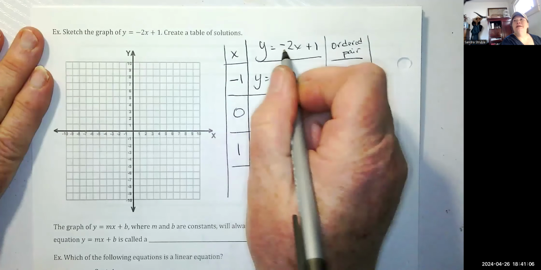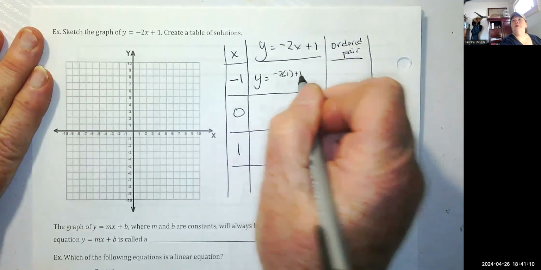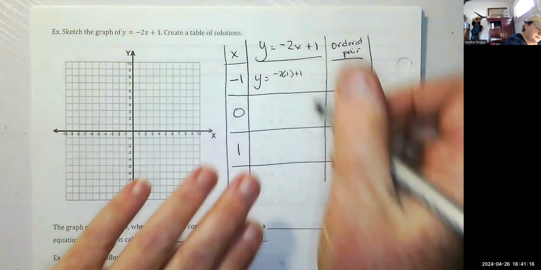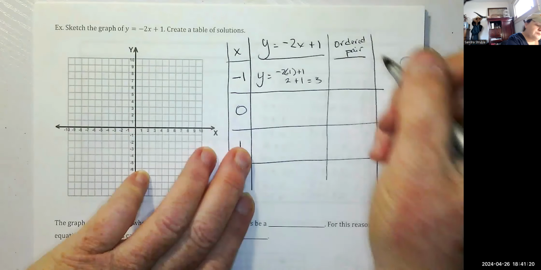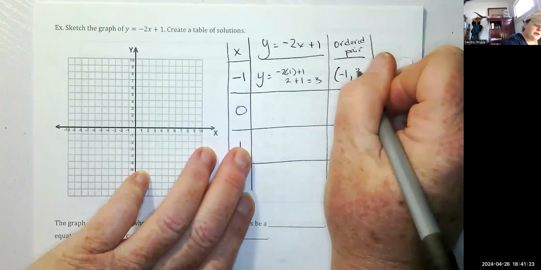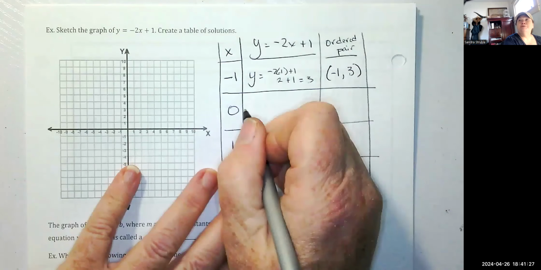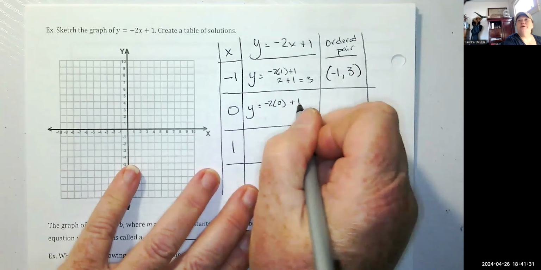y equals negative 2 times negative 1 plus 1. Negative 2 times negative 1 is just 2, plus 1 is 3. So our ordered pair is negative 1, 3. There's our first one. 0 is even easier. That's y equals negative 2 times 0 plus 1.